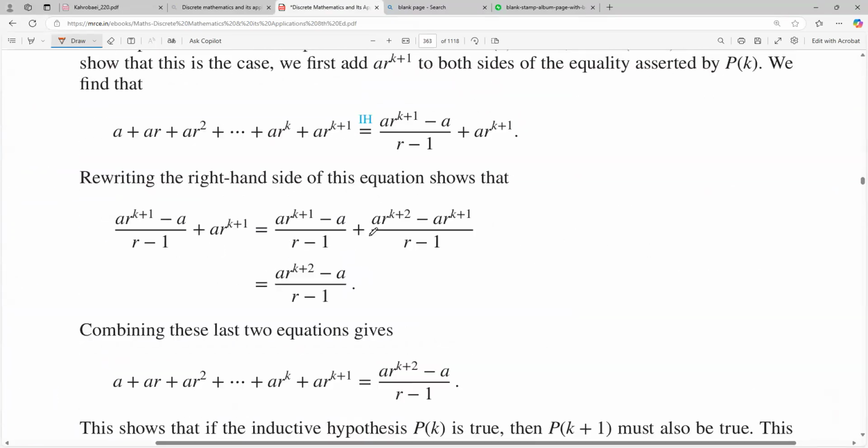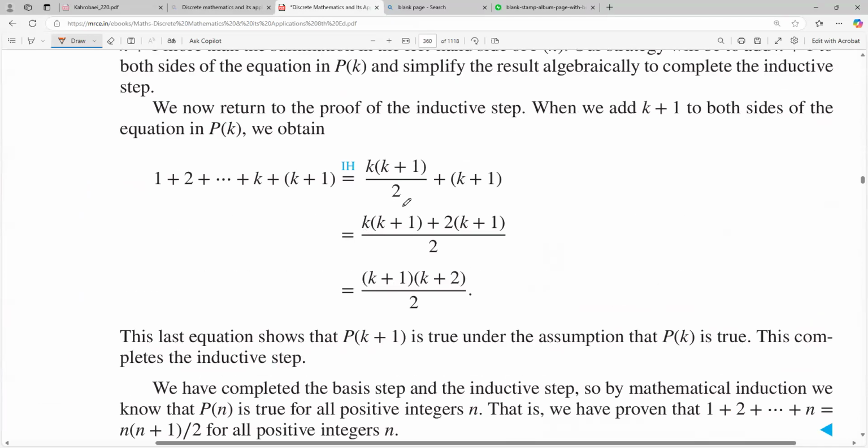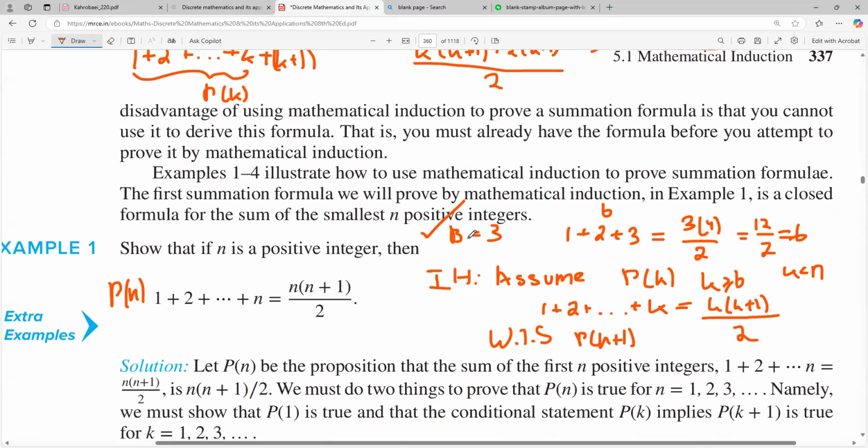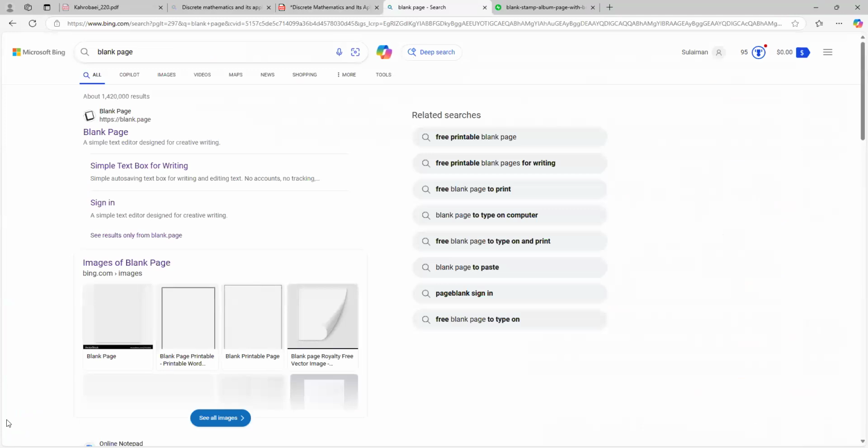This type of induction you can usually prove with one base case, right? And we see that by using any k, we can prove k plus 1. But in some cases we can't do that. Let me show you why.